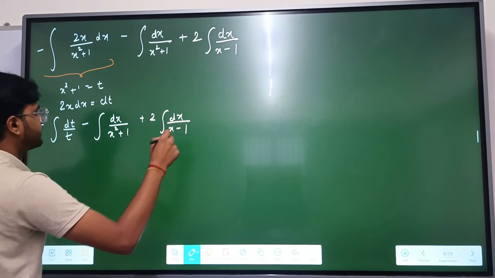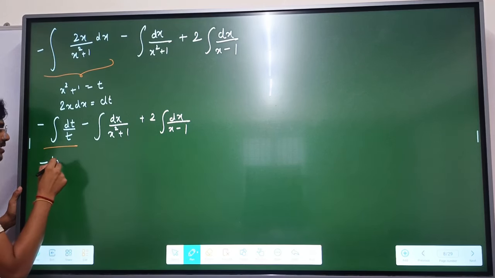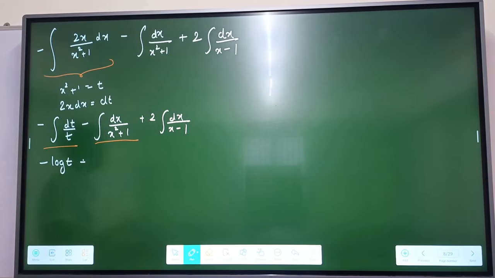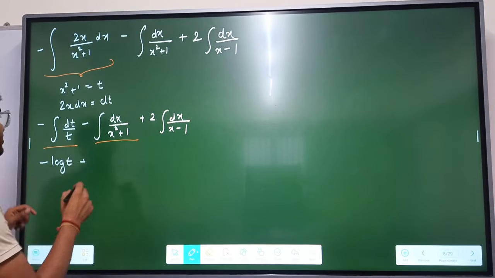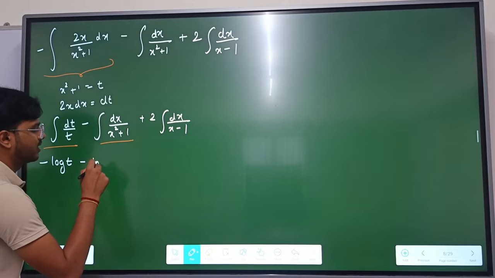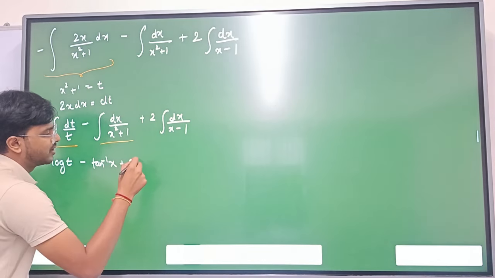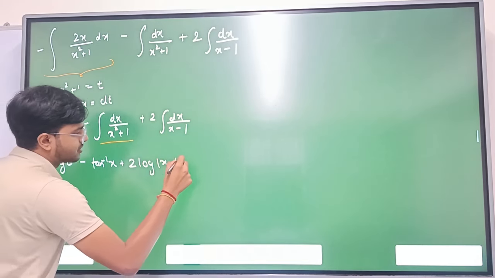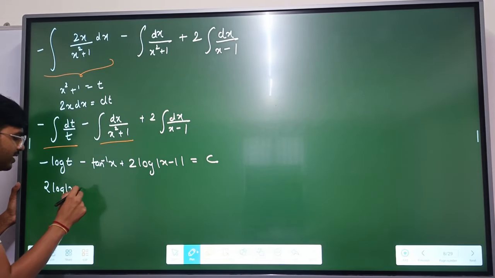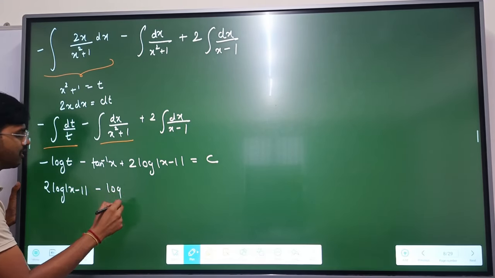This will be minus log t. Minus of this will be the integral of dx by (x² + 1), which is tan inverse x, and this will be log mod (x - 1), equal to c. So what do we get? 2 log mod (x - 1) minus log of t.